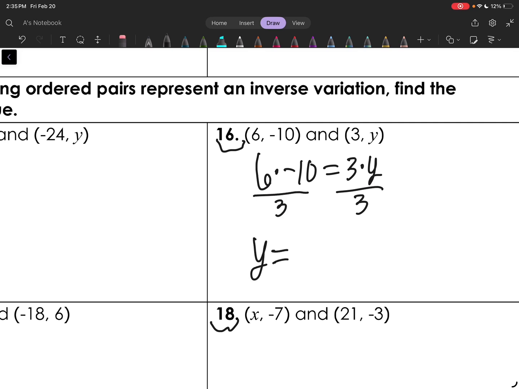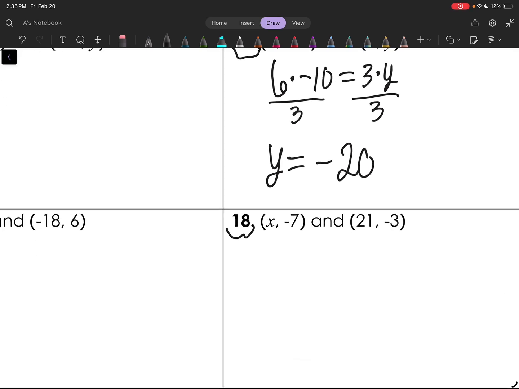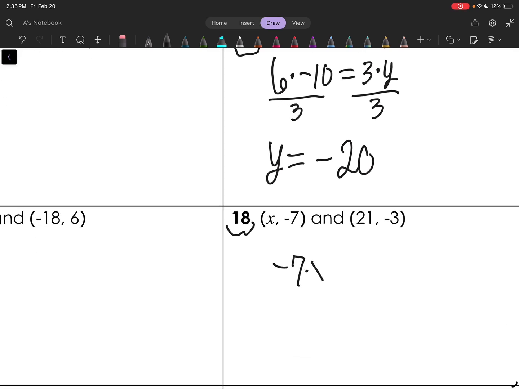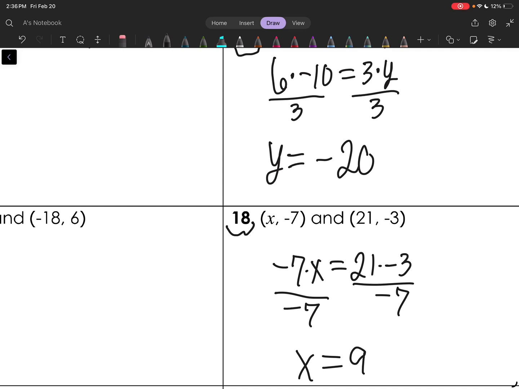Y is equal to 6 divided by 3 is 2 times negative 10, negative 20. 18, negative 7 times x equals 21 times negative 3. X is equal to 21 divided by 7 is 3. So negative 3 times negative 3 is positive 9. Okay?